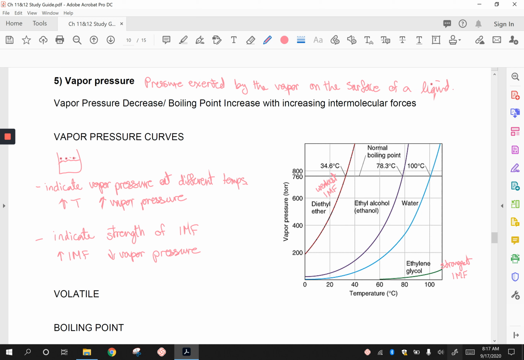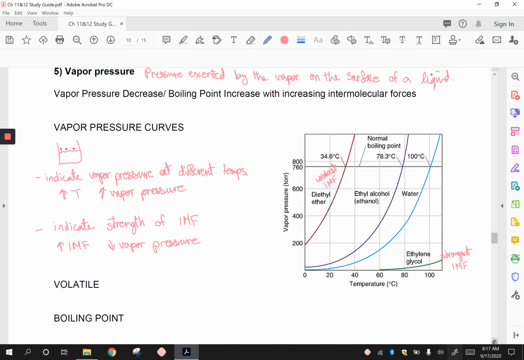The reason is, if you compare at the same temperature, you'll see that the ethylene glycol has the lowest vapor pressure, which means fewer of the particles are turning into vapor and colliding, and so that means that the particles are really, really attracted to each other. Diethyl ether, on the other hand, has, at the same temperature, the highest vapor pressure, and so that tells us that it's pretty easy for those particles to escape and become a gas, and that means that they're not really attracted to each other as much.